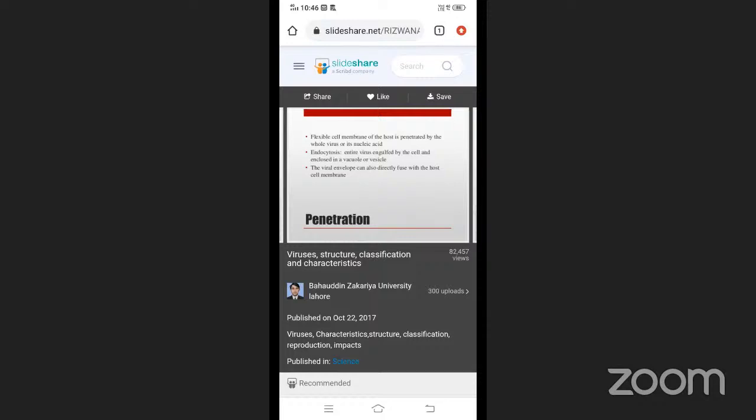So this lysis is observed here, meaning endocytosis. The entire virus is engulfed by the cell and enclosed in a vacuole or vesicle. The viral envelope can also directly fuse with the host cell membrane.